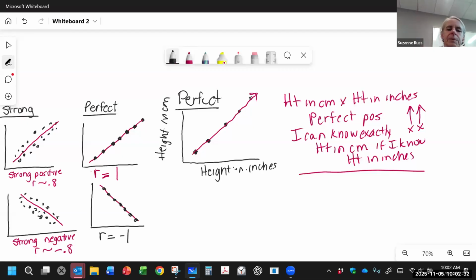An example of a perfect negative relationship. I think this semester we have 17 weeks in our semester. So on the bottom, I'm going to put 1 through 17.